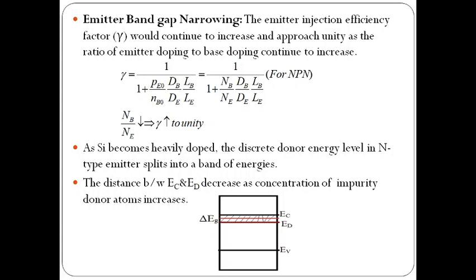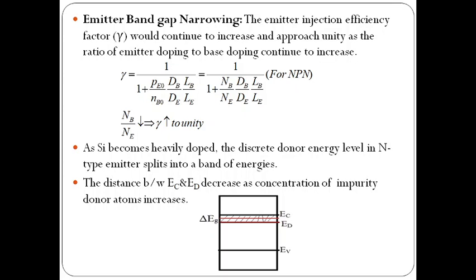Yes. So we know when you add donor atoms to the pure semiconductor, the Fermi energy level forms the n-type material. The Fermi level of n-type material is below, or closer to, the conduction band. When you increase the donor atoms, that is, when you increase the doping in the n-type material, the Fermi level moves closer to the conduction band.